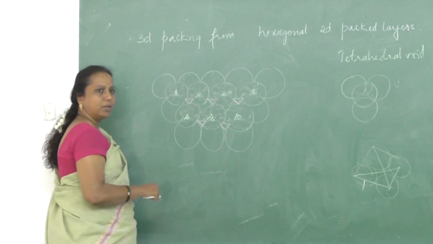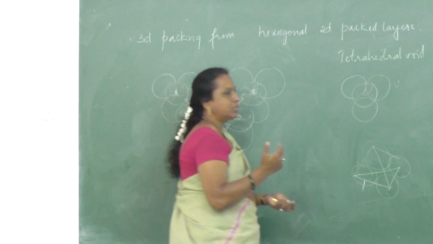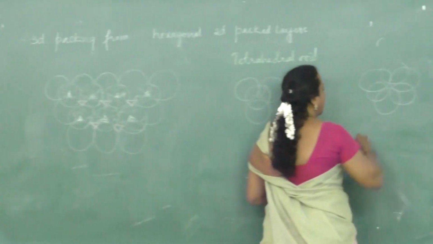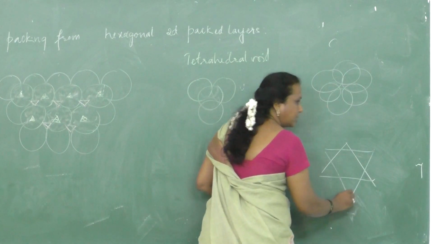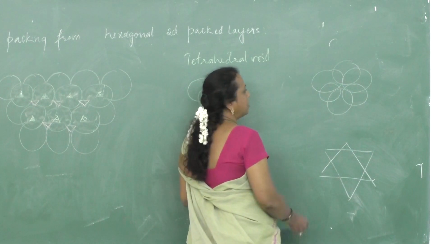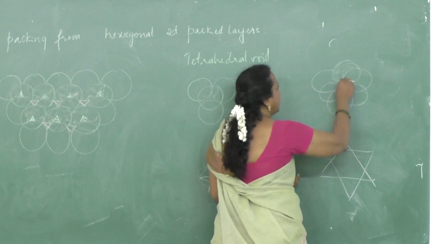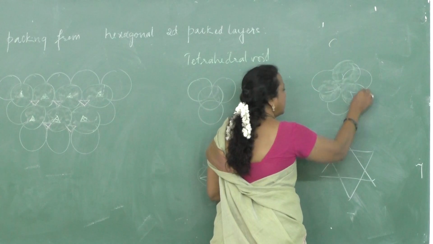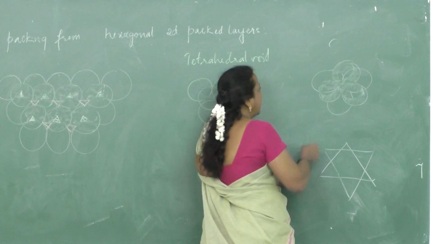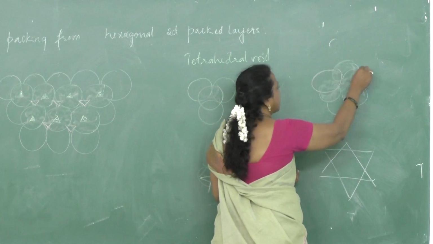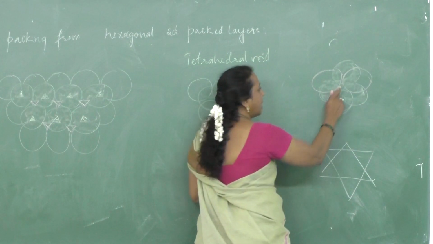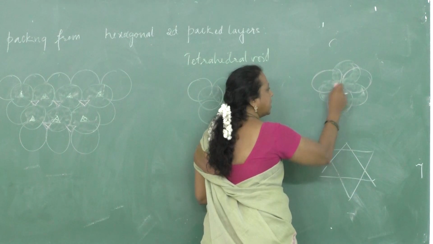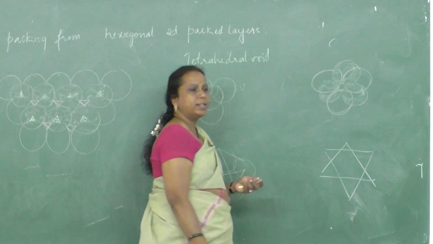They are arranged trigonally, in reverse direction. It makes a star shape arrangement. These are the upward spheres, or second layer spheres, and these three are the bottom spheres. Because of this arrangement, an empty space is produced. This is the empty space, unoccupied space.